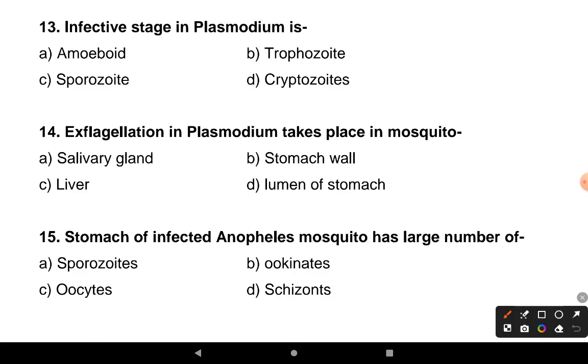Our next question is: exflagellation in Plasmodium takes place in mosquito salivary gland, stomach wall, liver, lumen of stomach. Our correct answer is option D. Exflagellation in Plasmodium takes place in the mosquito's lumen of stomach.